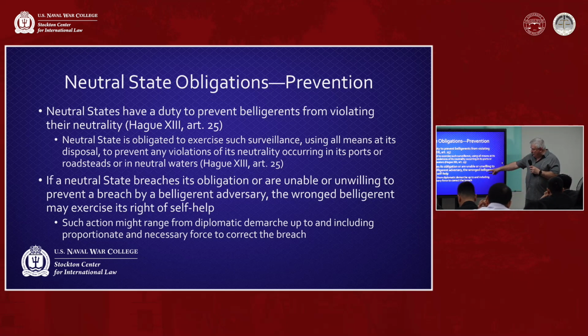And as we discussed earlier, if the neutral state is unable or unwilling to stop the violations of its neutrality, then the belligerent may exercise the right of self-help, to include the use of force in some circumstances. Again, self-help can range anywhere from a diplomatic protest all the way up to a use of force.